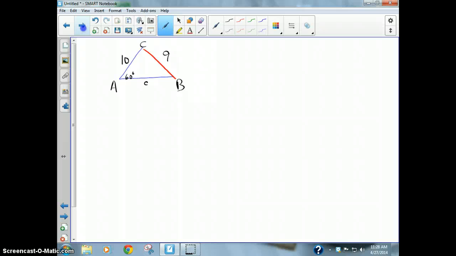The other triangle would be the obtuse one that looks like this. Side B is 10, angle A is 60 degrees, this is angle C, this is little c, and this would be angle B, and side A, which is the red line, would be 9.